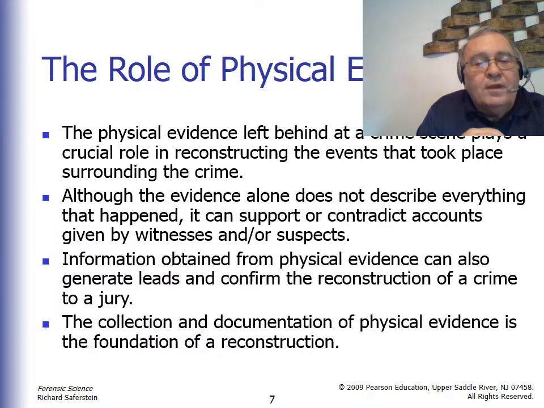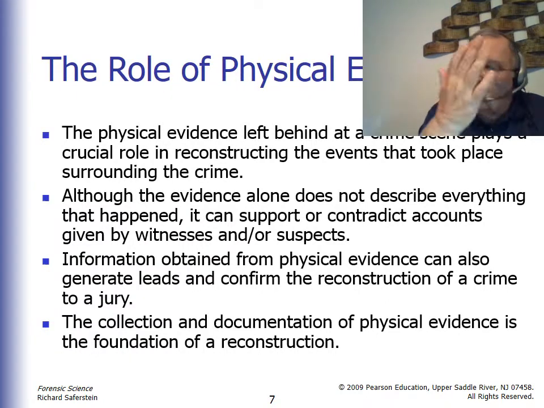So we know we can get different versions of the same actions from different witnesses. Information obtained from physical evidence can also generate leads and confirm the reconstruction of a crime to a jury or to a judge.